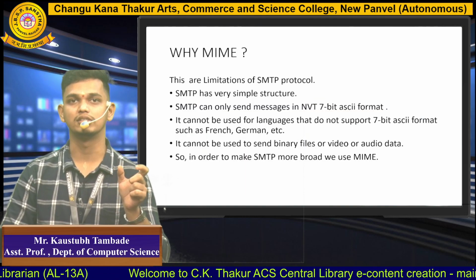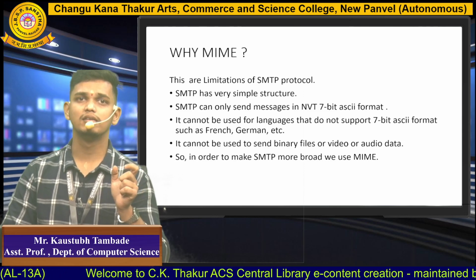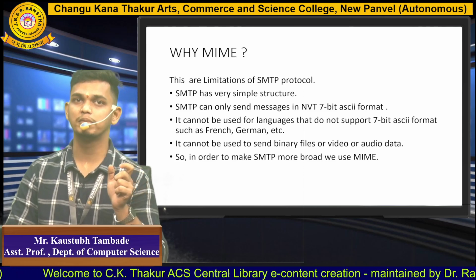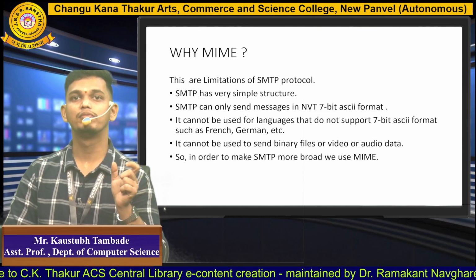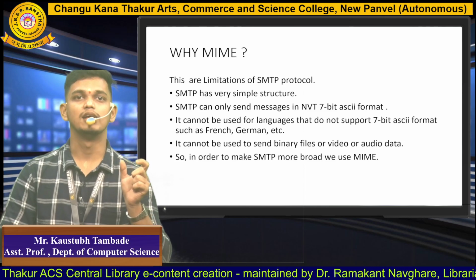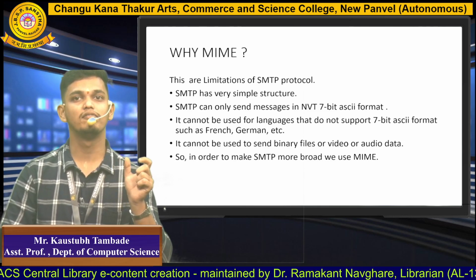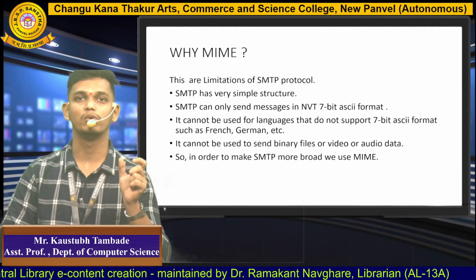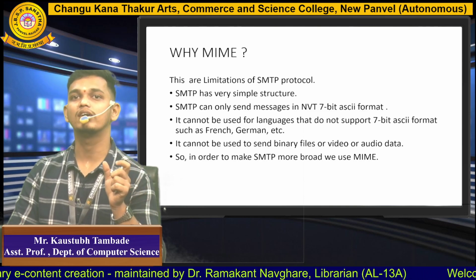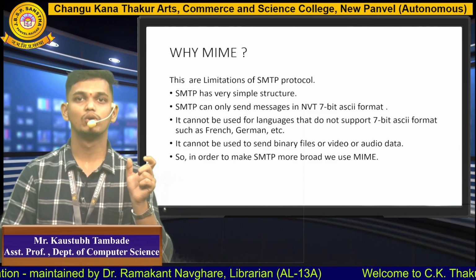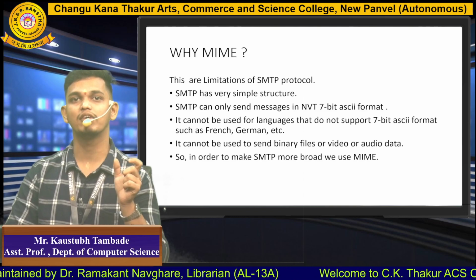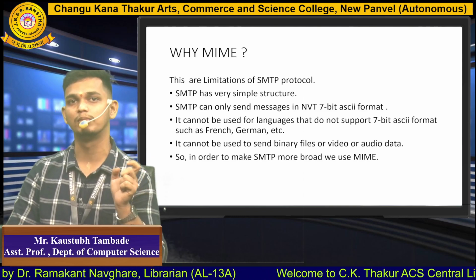Why MIME? Because there were some limitations of the SMTP protocol. SMTP had a very simple structure. SMTP can only send messages in NVT 7-bit ASCII format. Only simple messages, not audio, video, and images. It cannot be used for languages that do not support 7-bit ASCII format, such as French and German.